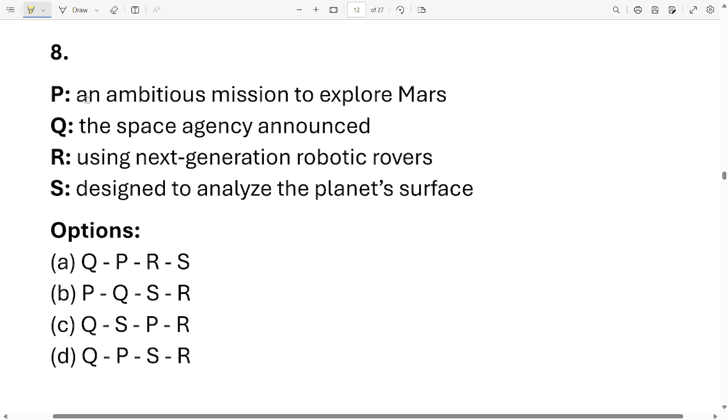Okay, the next question. An ambitious mission to explore Mars, the space agency announced, using next generation robotic rovers designed to analyze the planet's surface.